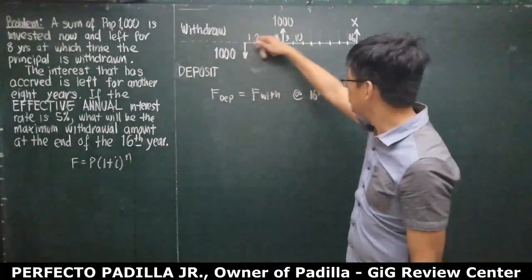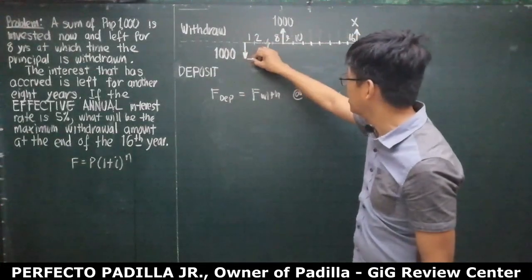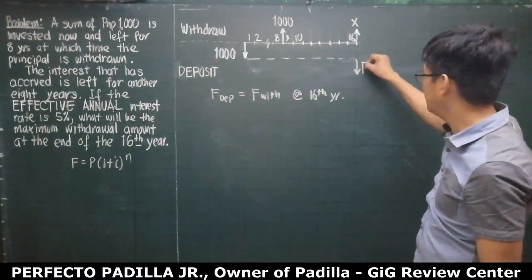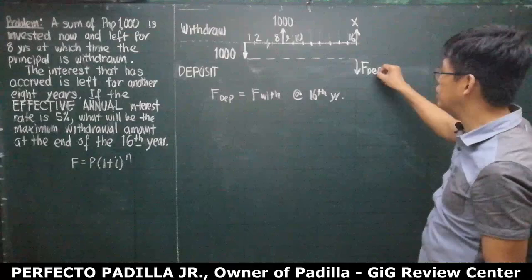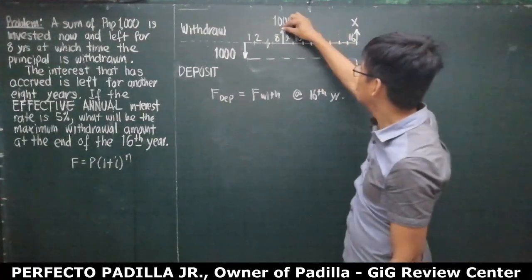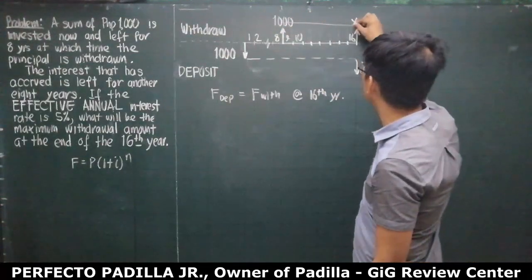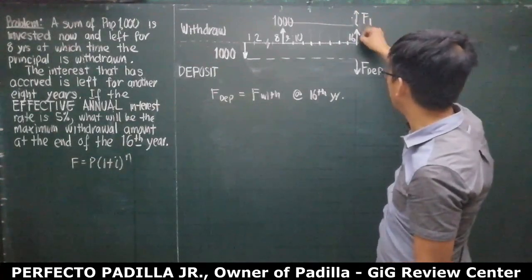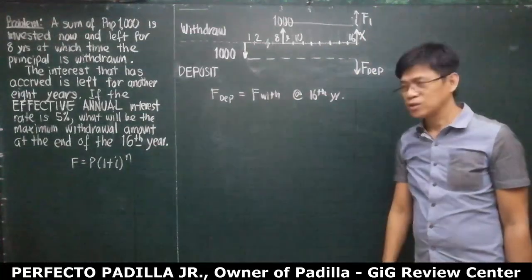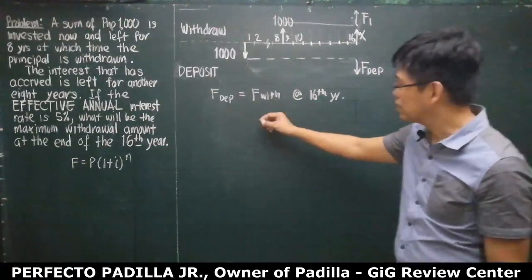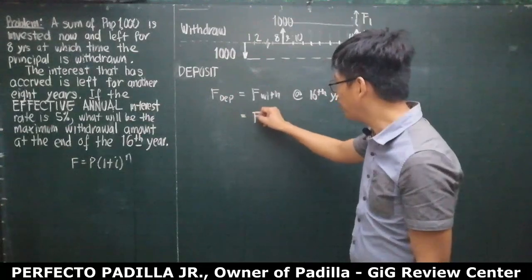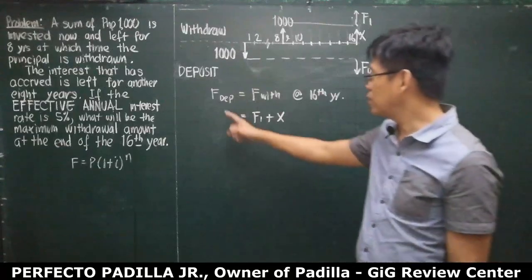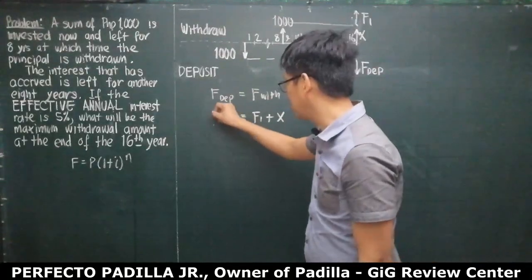Kung idadala mo ito sa future, ito yung future of deposit. Now, yung future ng withdrawal, ang future nitong 1,000 na ito, tawagin ko itong F1, tapos ito ay X. So, yung future ng withdrawal is F1 plus X. And this is the future of deposit.